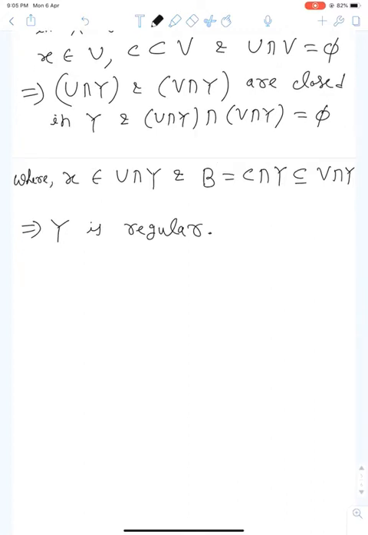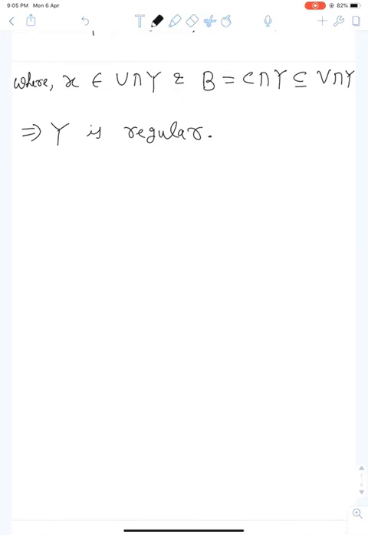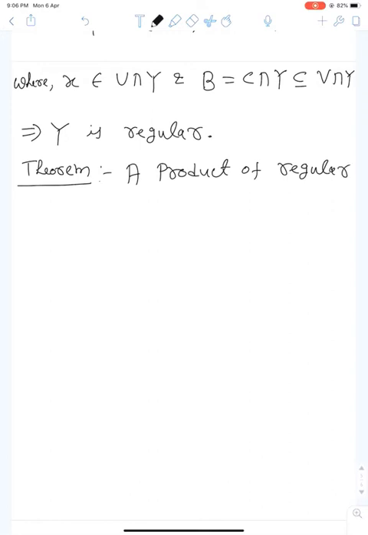Now we prove that a product of regular spaces is also regular. So a product of regular spaces is regular. Here is the proof.